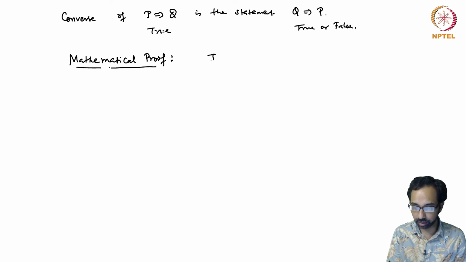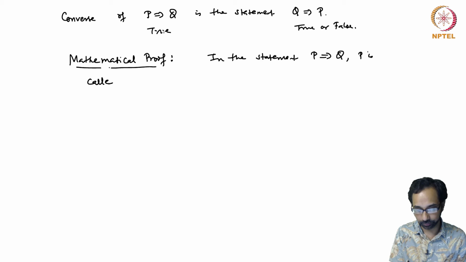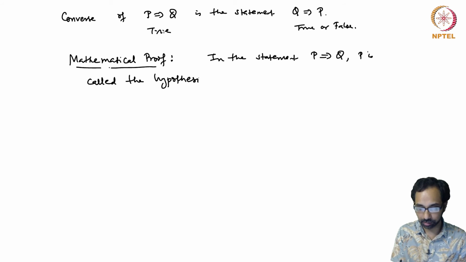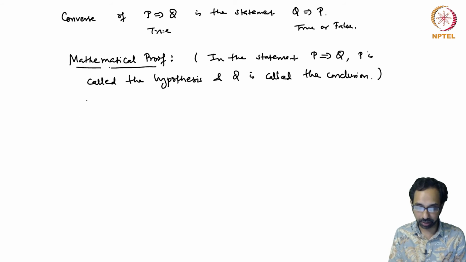In the statement P implies Q, P is called the hypothesis, and Q is called the conclusion. So this is some terminology, and with this terminology we can write what a mathematical proof is.